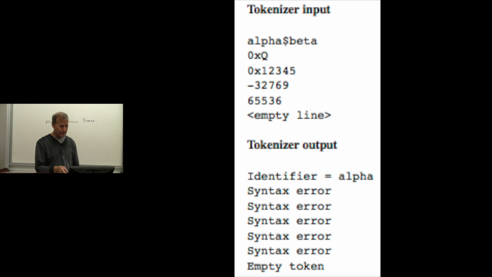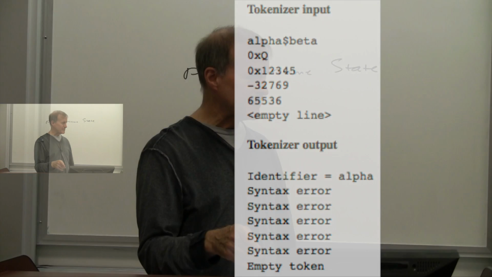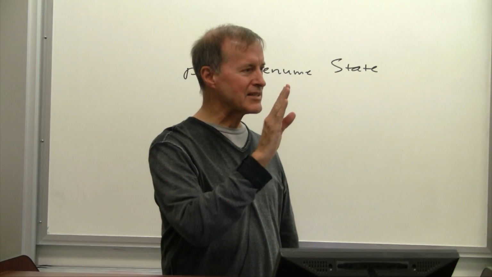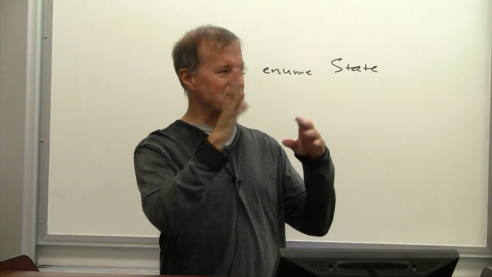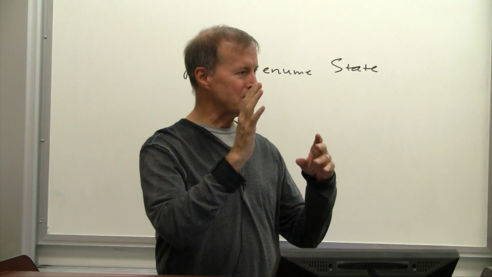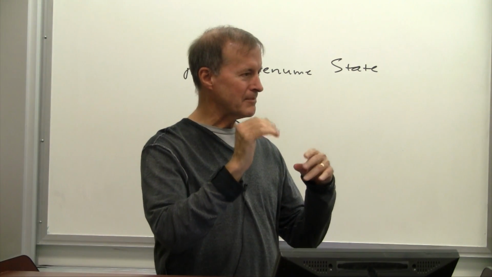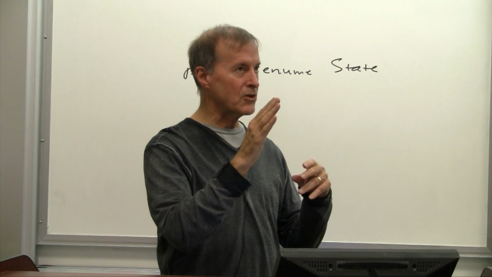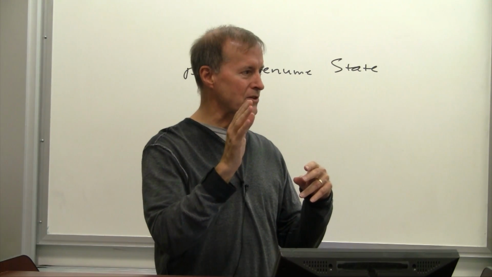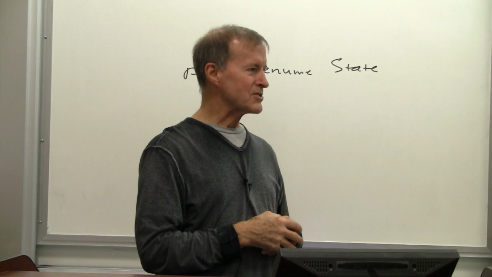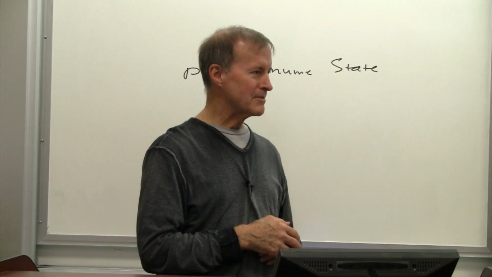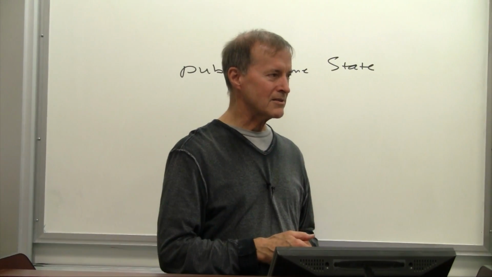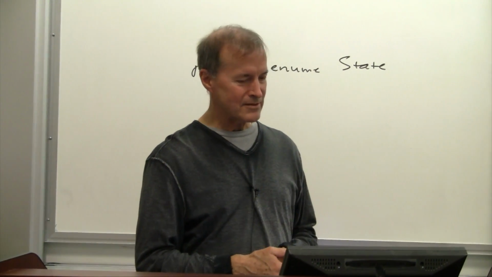In the problem description where we have erroneous ones, that's the exception to the rule. Syntax error. Because when we get a syntax error, we just skip the rest of the line, and we don't detect the new line. We don't detect the empty token on a syntax error. That's because it was a syntax error example. That was a good question.